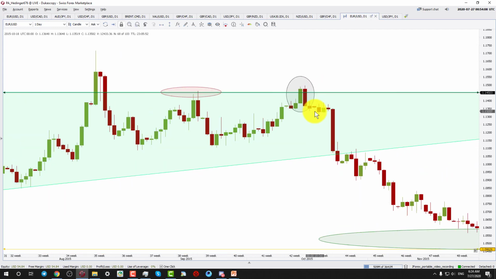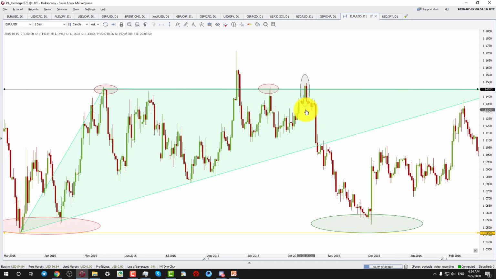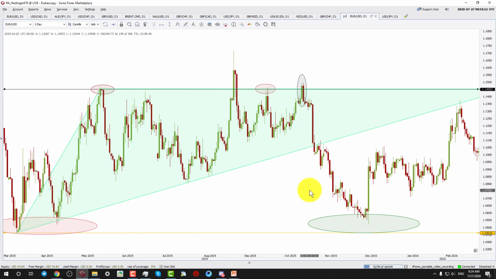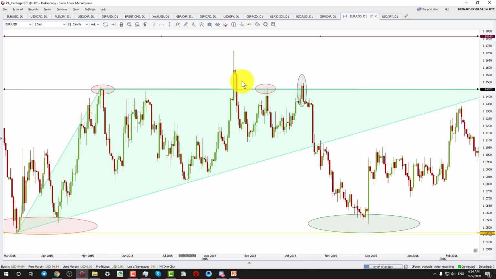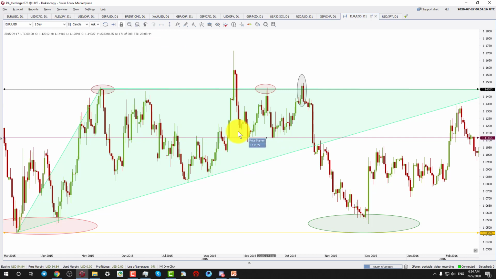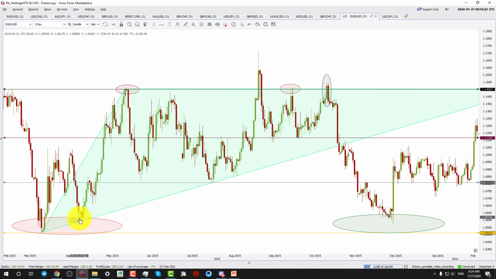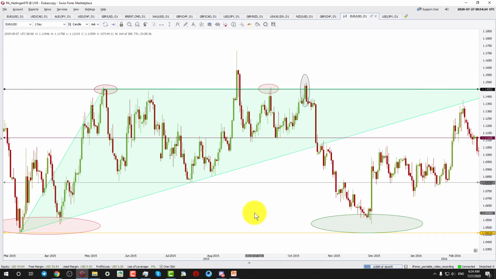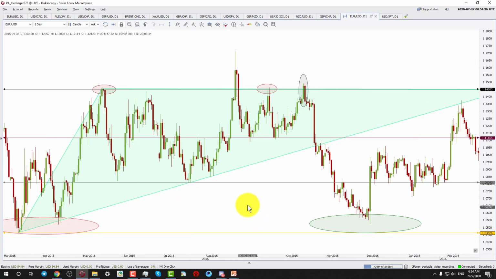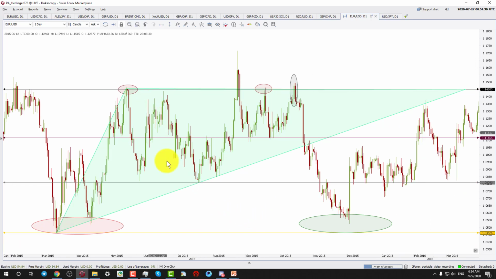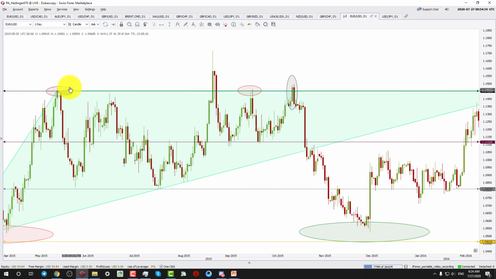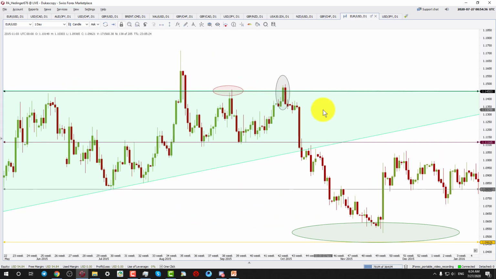Okay, now in this case, what was the next area of support? The next area of support was this and this, and of course this down below where I have moved these ellipses. But I still took this trade. Why did I take this trade? Because there was a triple top forming here, and after getting rejected 3 times, it gave me a very small stop loss.